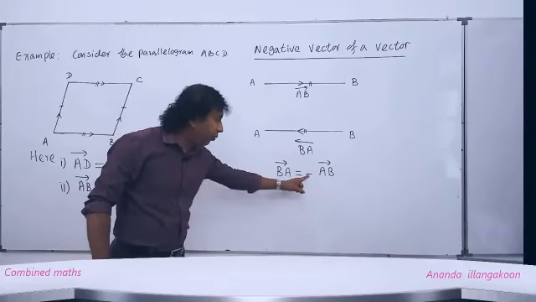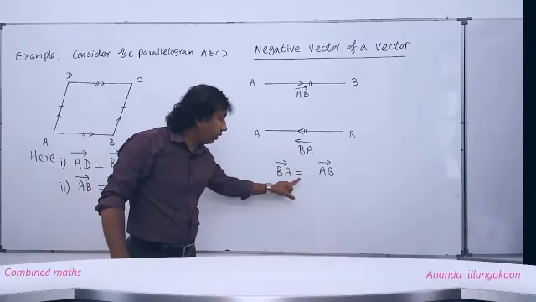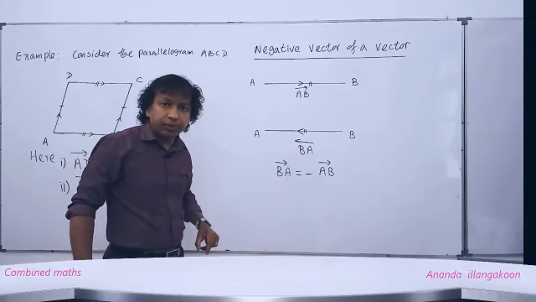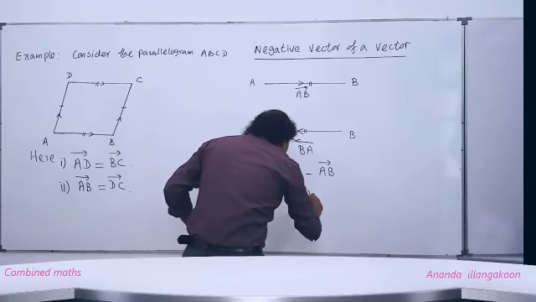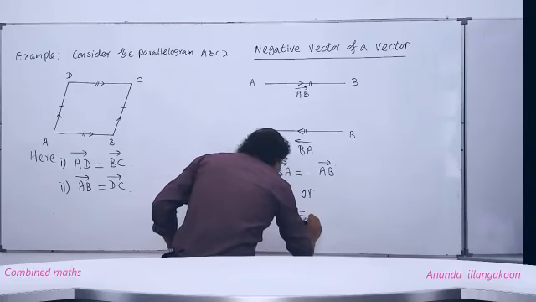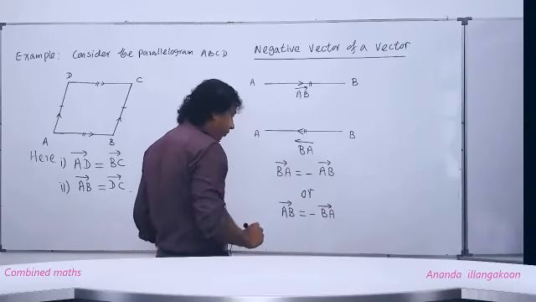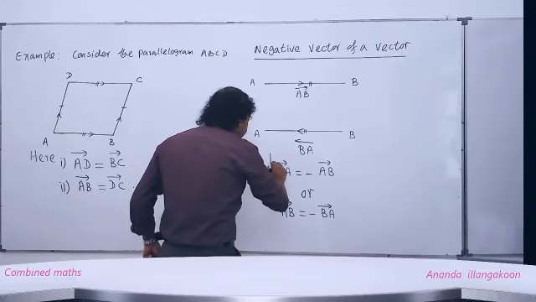Or multiplying both sides by a minus sign, you can write it the other way. AB vector equals minus BA vector, right? Both are correct.